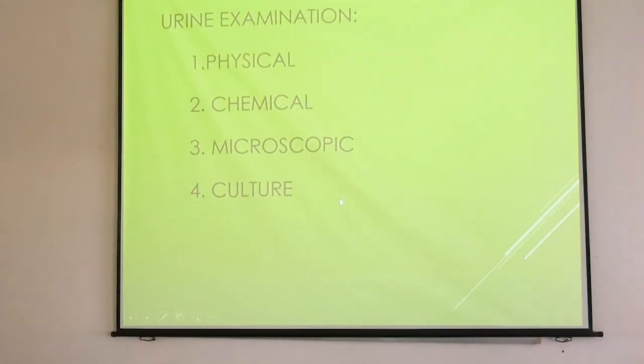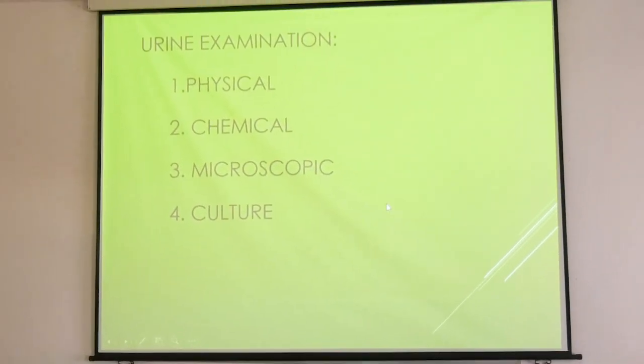There are some proteins called Tamm-Horsfall proteins. They also form some casts. I will show you pictures. You don't have to know in detail, just that these things can be present in urine. And growing of this pathogen is called culture.